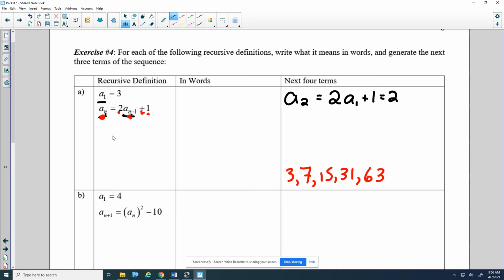So that's 2 times a sub 1, which is 3, plus 1, which is 7. So that's the full workout. I'm going to do that one more time. To get the third term, I take the second term times 2 plus 1. So 2 times 7 plus 1 is 15.